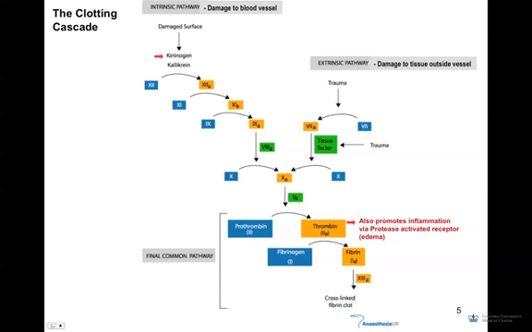Okay? Because thrombin converts the protein fibrinogen into what we call fibrin.